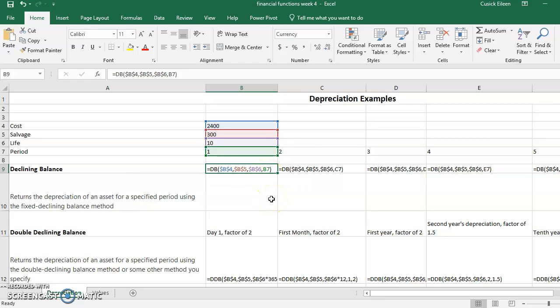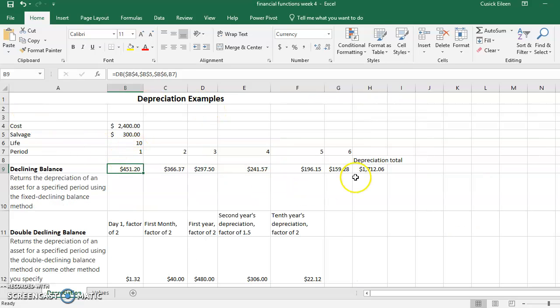So if I escape out, what this is basically telling me is, if I had an item, and let's say instead of 10 years, that the life was over 6 years, then after year 1, the depreciation would be $703.20. At year 2, $497. At year 3, $357. So each year we're losing a little bit more in the value until we get to the end of those 6 years.